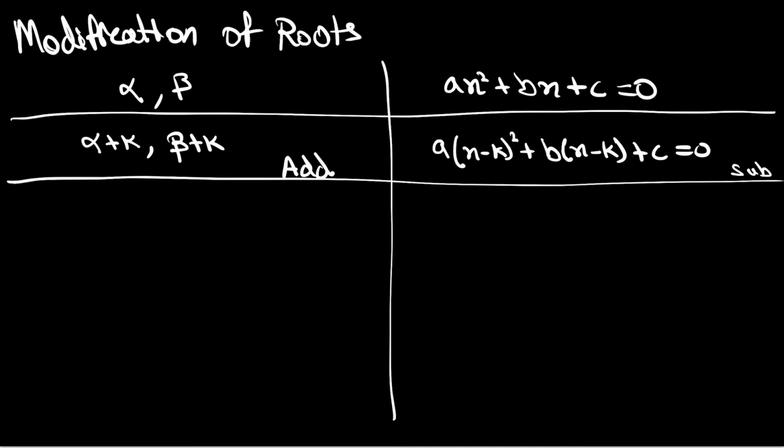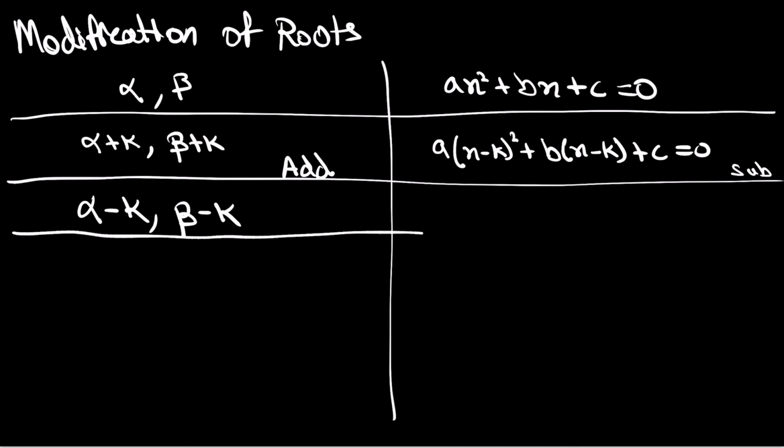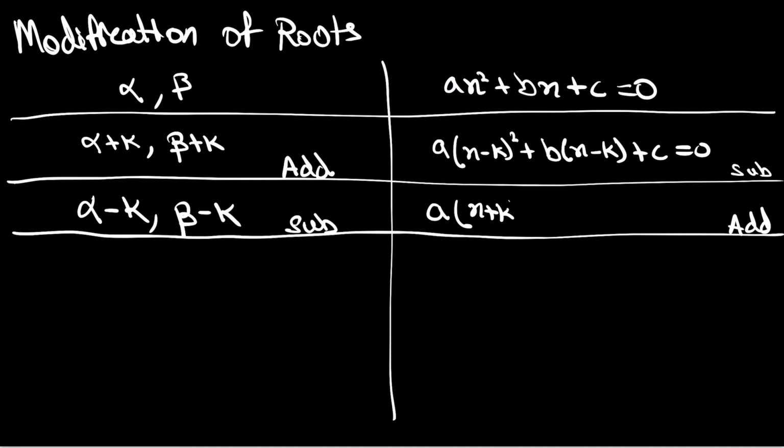Now moving on. If something is getting subtracted from the roots, then you understood perfectly well that it will get added here. Then the equation will look like a into bracket x plus k whole square plus b into bracket x plus k plus c equal to 0.